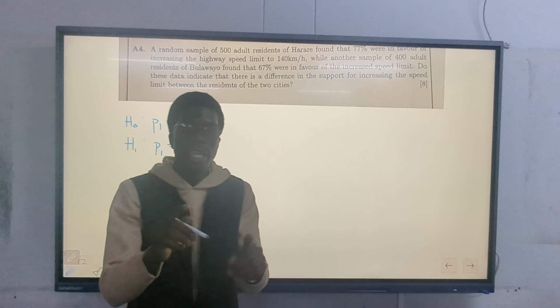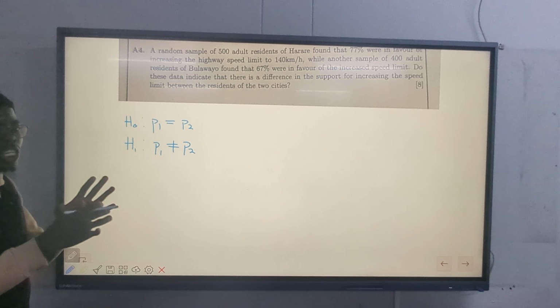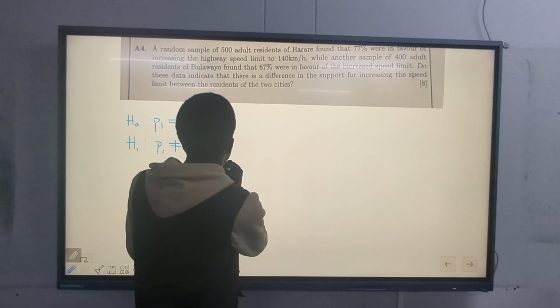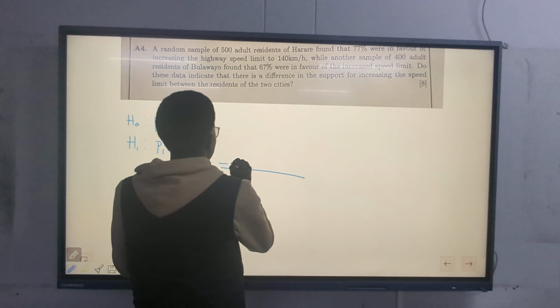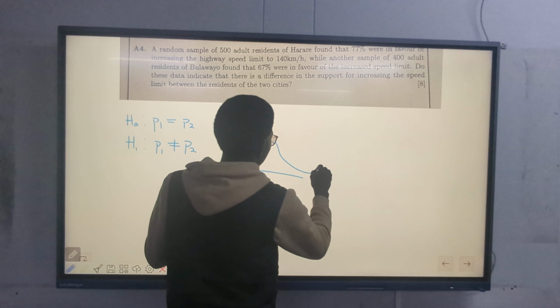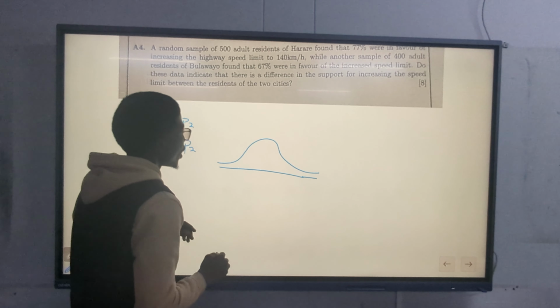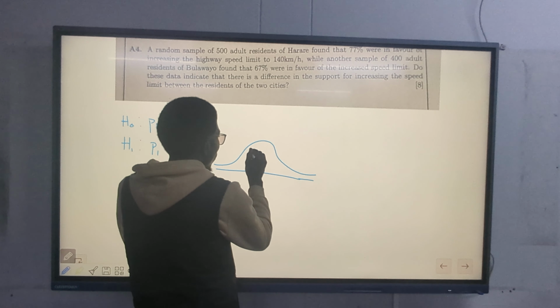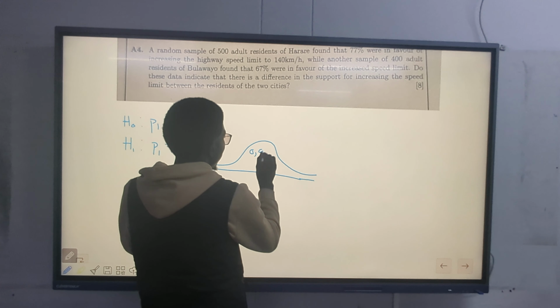Now we want to test and see in which region the confidence interval is lying. We draw our diagram now. So we use a 95% confidence interval, 0.95.